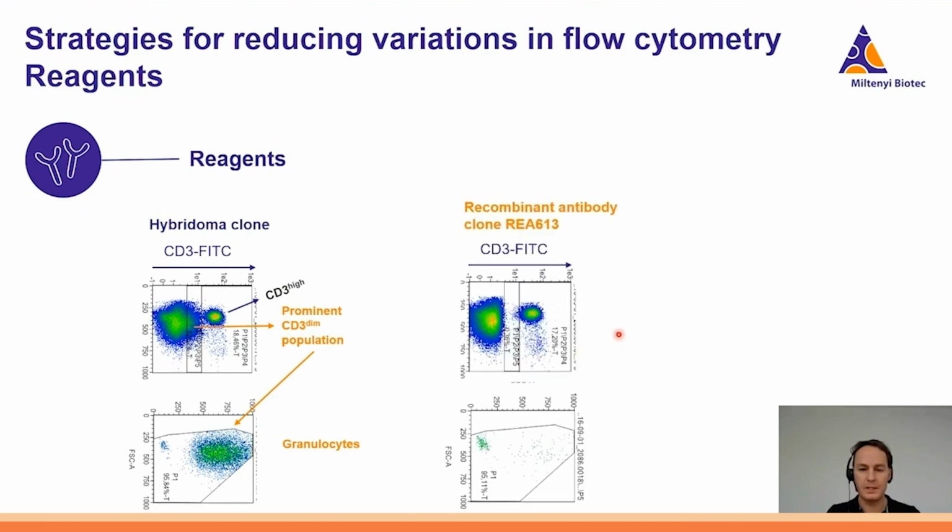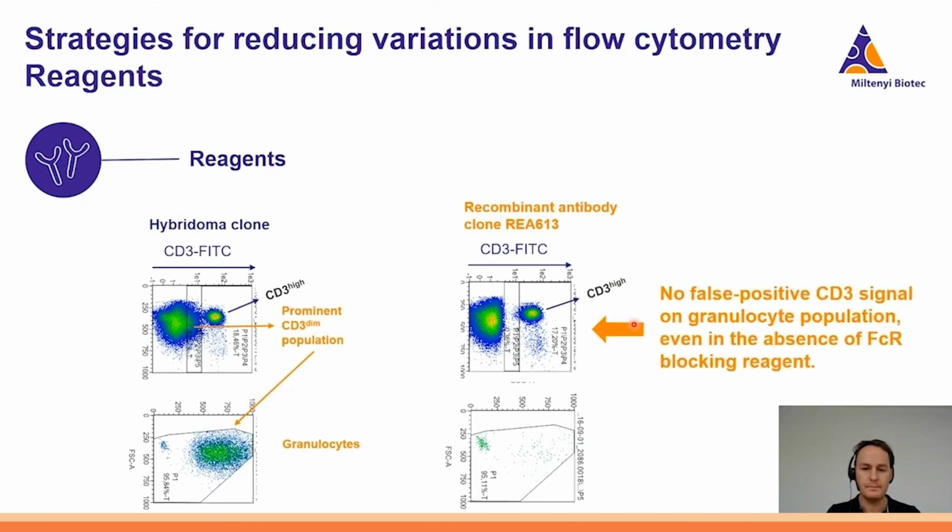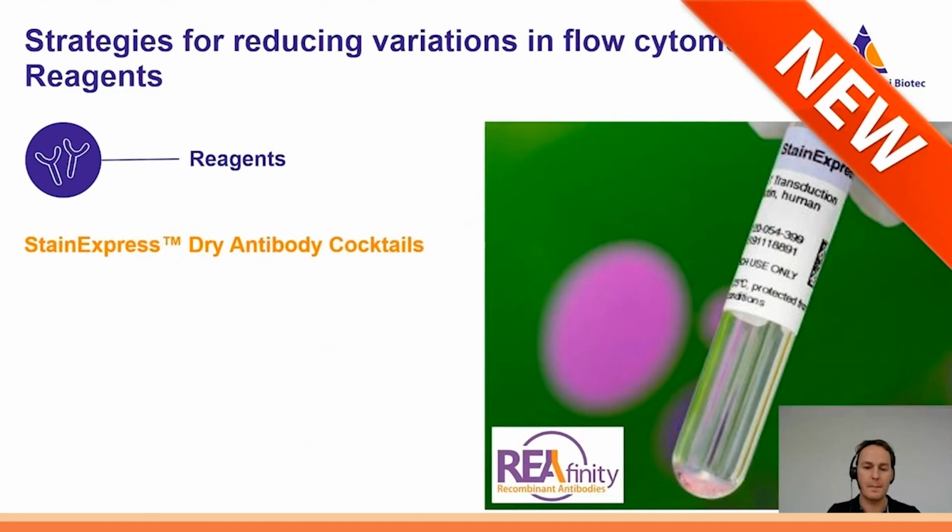And by using the REA613, a recombinant clone also staining CD3, you can see that you get a much better separation and overall, of course, a much cleaner picture. And that is why we recommend these REAffinity antibodies, because you can do the staining in the absence of any FcR blocking reagents and get better results in the end.